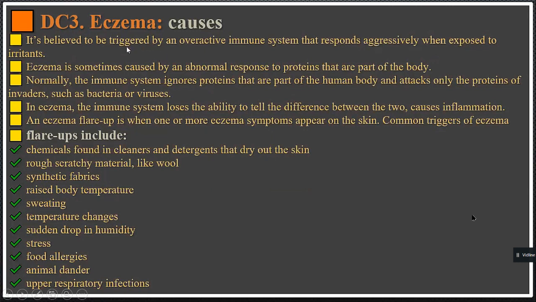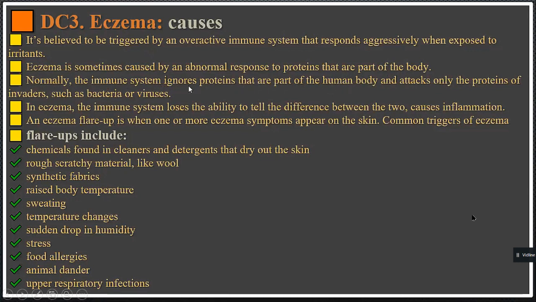Regarding the causes of eczema in general, it can be triggered by an overactive immune system. So what is the mechanism? What is the pathophysiology here? Eczema is sometimes caused by an abnormal response to proteins that are part of the body. How? You have to understand the normal mechanism first. The immune system ignores proteins that are part of the human body.